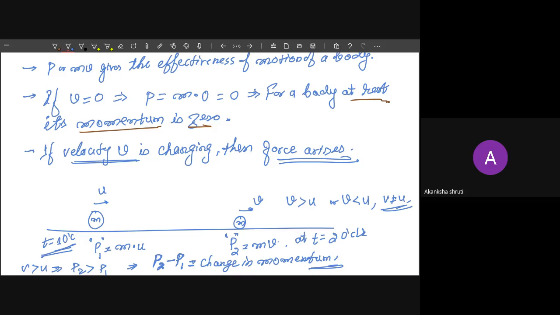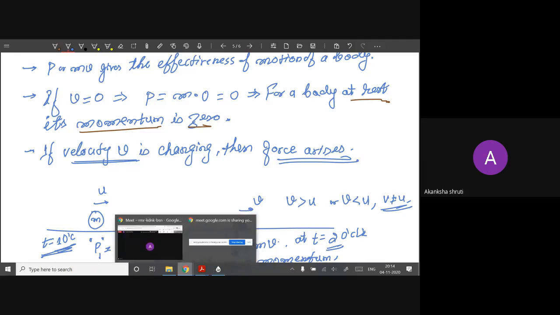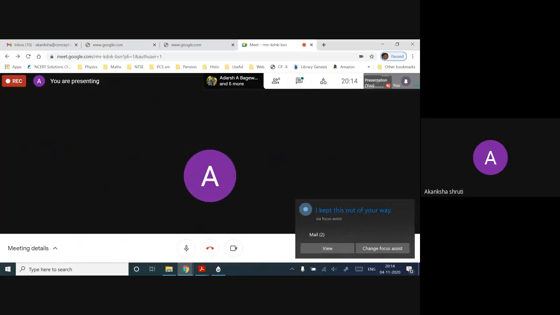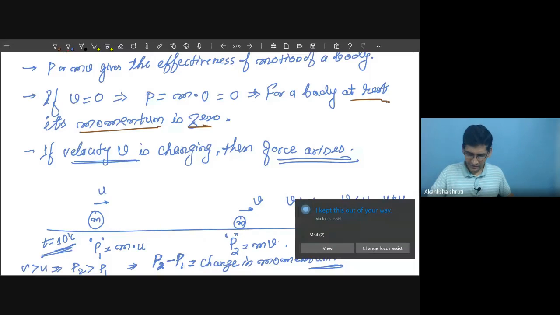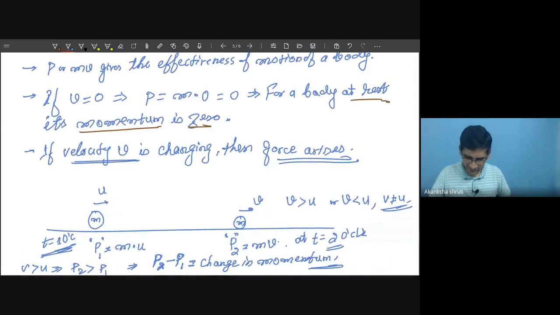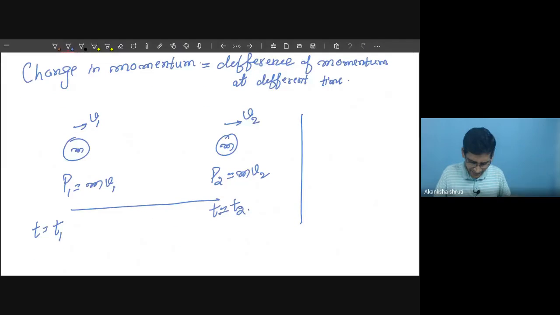Okay, so the change from 1 o'clock to 2 o'clock means the time interval is 1 hour. Okay, students, considering this time interval, if you divide the change in momentum by the time interval, that will give us the rate of change that we have learned earlier in chapter 1 also.